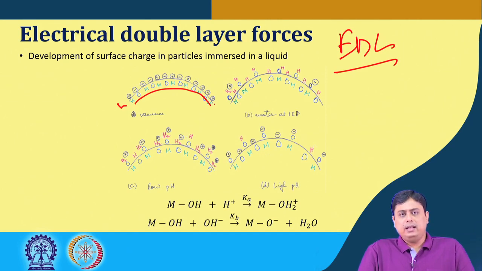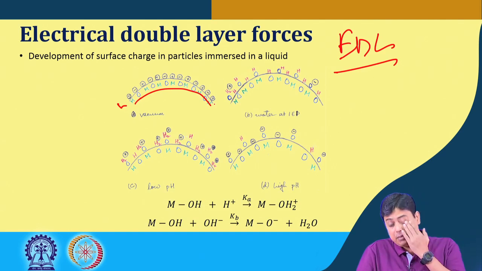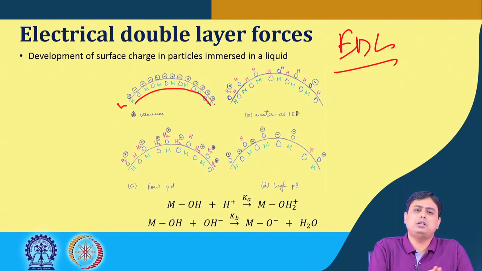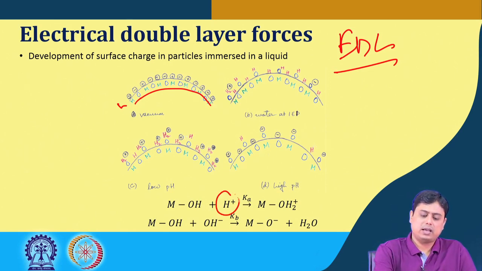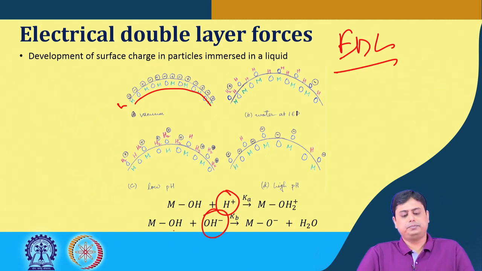And then these metal hydroxyl groups, depending on the pH of the solution, which means higher pH means alkaline solution, lower pH means acidic solution, depending on these two media, will further react with those H plus ions or the OH minus ions.